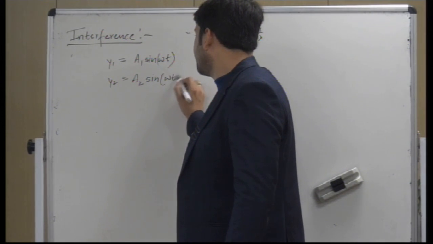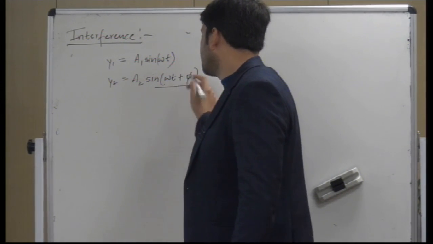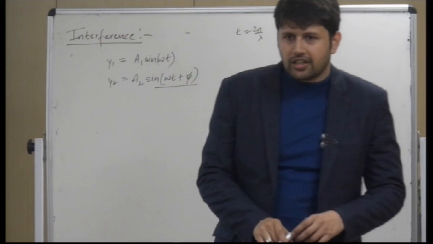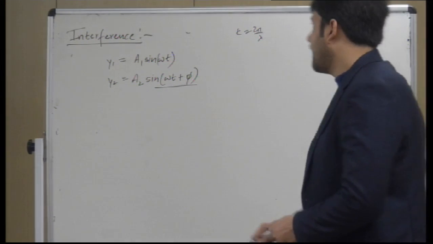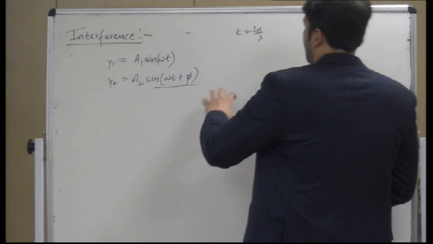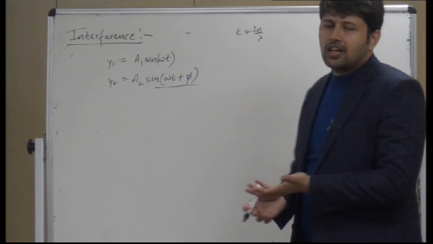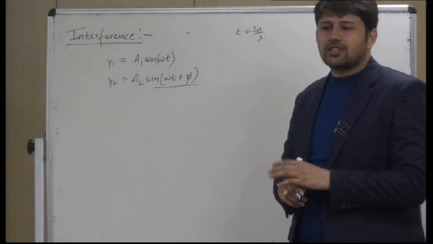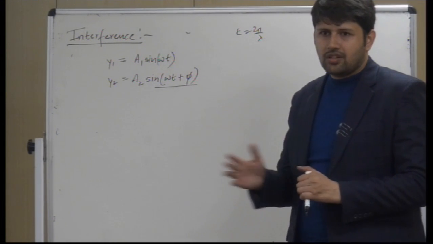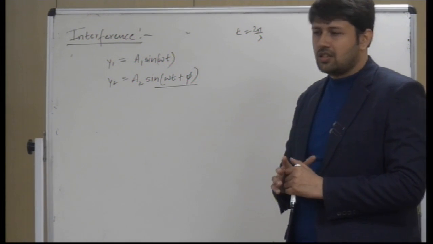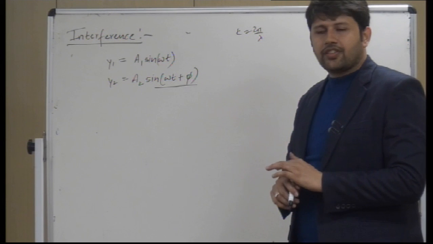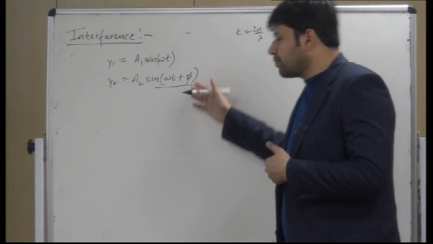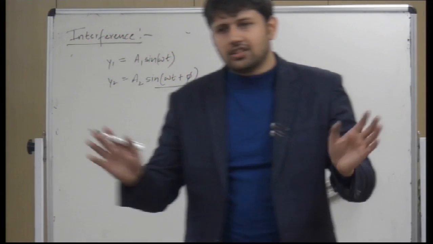So for wave 2, we assume that there is a phase difference phi. All that concerns us in interference is actually just the calculation of phase difference or path difference. If we study phase difference or path difference, everything is done.